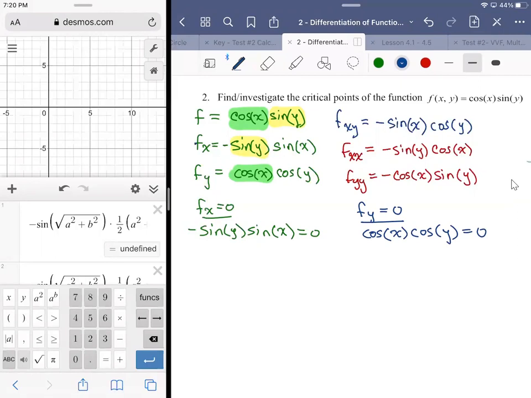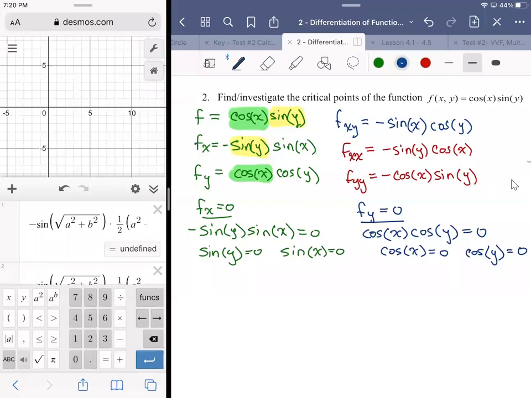When I set these equal to 0, it's like they're quadratic, basically two first degree factors. So I set each one of those factors equal to 0 and solve. I get sine of y equals 0, and sine of x equals 0, and cosine of x equals 0, cosine of y equals 0.